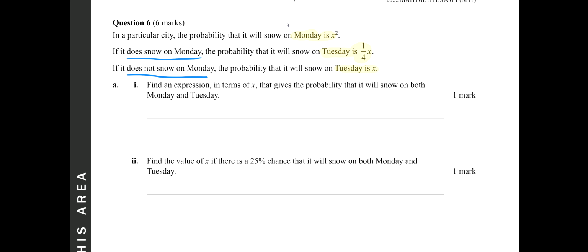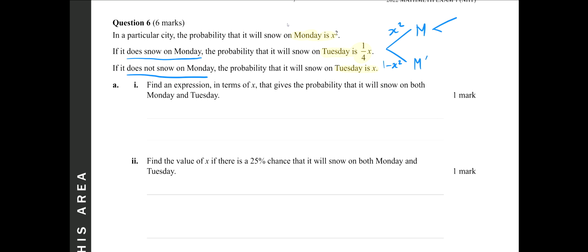So, first part, part A, part 1, find an expression in terms of x that gives the probability that it will snow on both Monday and Tuesday. Okay, so first, before we go and answer this question, it's always good to draw a tree diagram because these are sequential events. So if it snows on Monday or not Monday, we're going to call it m. So the probability of snow on Monday is x squared. Therefore, there will be a 1 minus x squared probability of not snow on Monday.